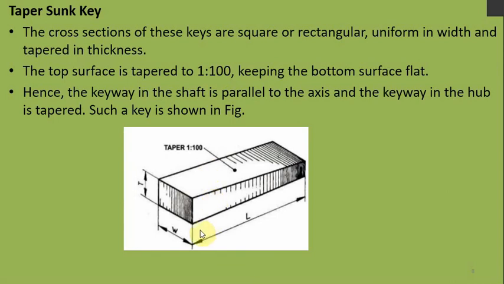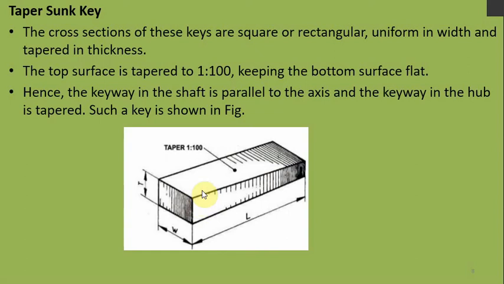That means usually with respect to the bottom surface, the top will be tapered in the ratio of 1:100. That means if your key is 100 mm in length, then the thickness reduction will be 1 mm. Suppose it is 4 mm at one end, at the other end it will be 3 mm. So when you are moving from here to here for a distance of 100 mm, 1 mm thickness will be reduced.